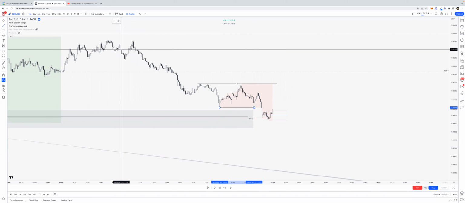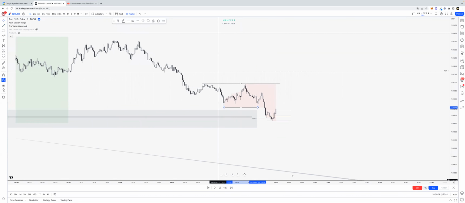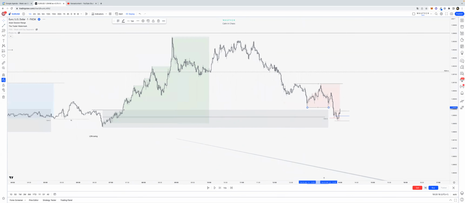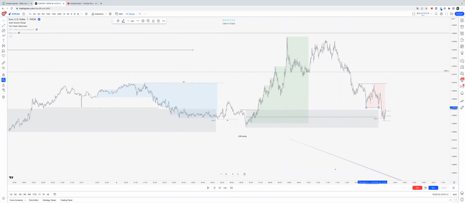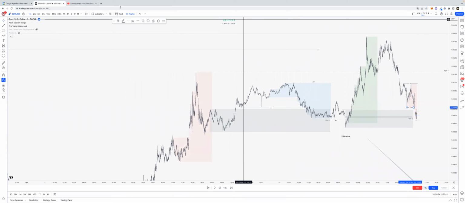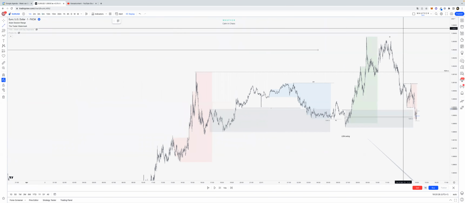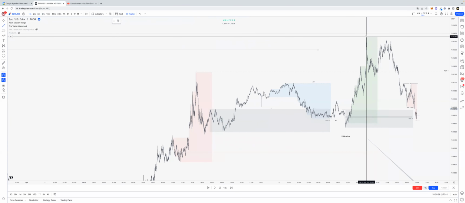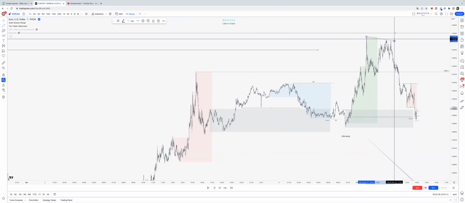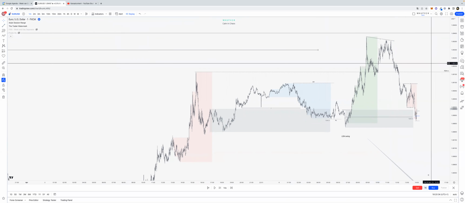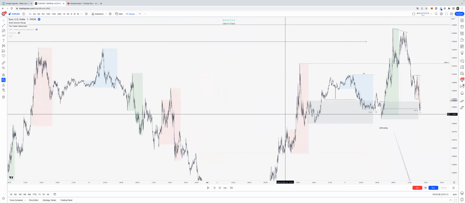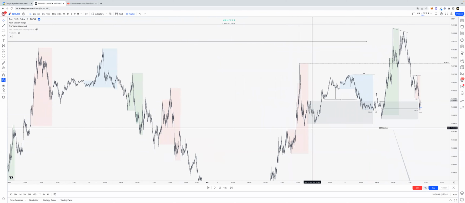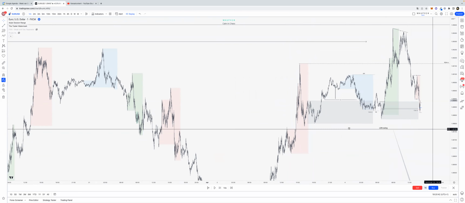So liquidity to one side being taken, 50-minute demand, 50% of the demand reached, tapped into the fair value gap. Overall highs to be taken, and we got some nice liquidity building up over here as well. The longs are very valid. We got this structure, high, low, high, a higher low, a higher high.